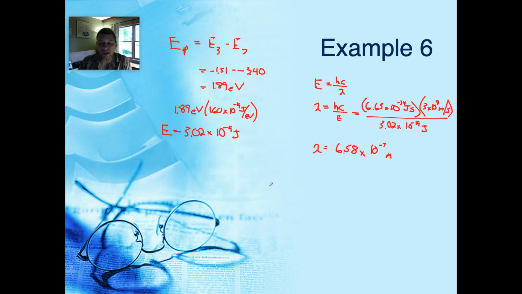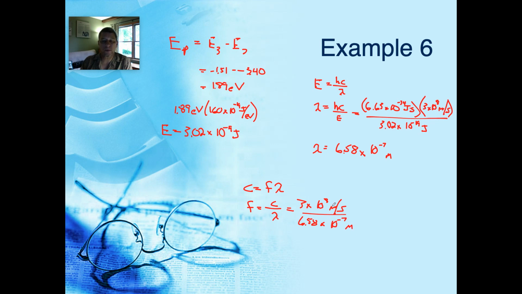And so for this, the formula is the speed of light in a vacuum is equal to the frequency times the wavelength. And therefore, the frequency is going to equal c over lambda. That's going to be 3 times 10 to the 8th meters per second divided by lambda, which is 6.58 times 10 to the negative 7th meters.